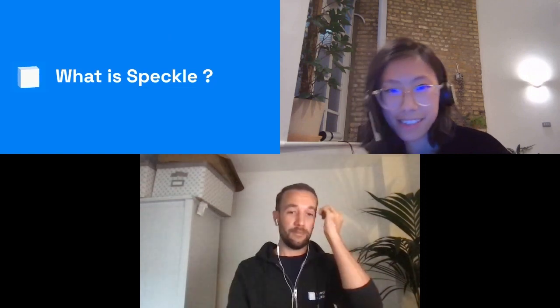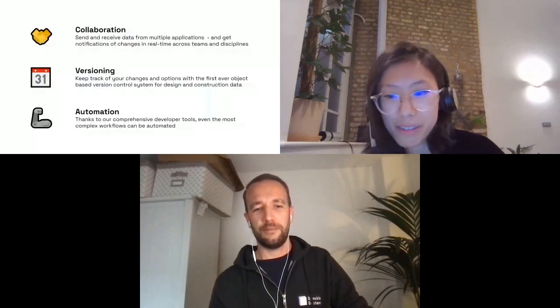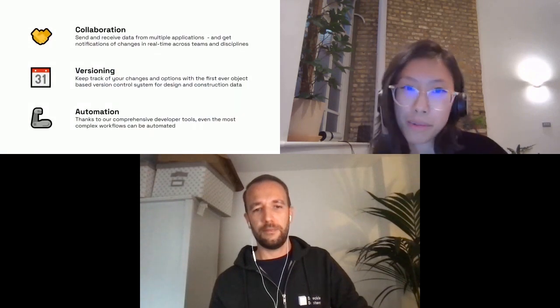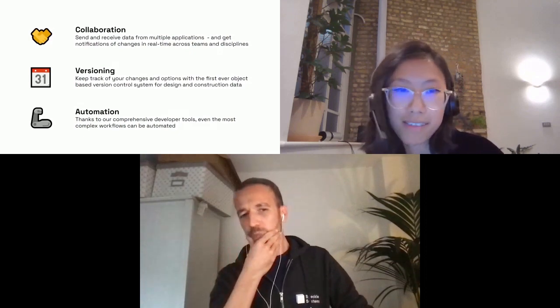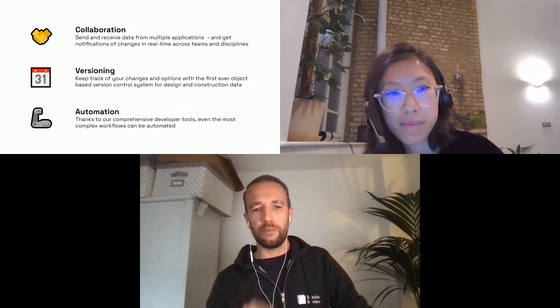As a recap for anyone that might have missed the intro to this conference, the big question that we've been asking for a while is, what is Speckle? We kind of think of it as a platform that offers three main features. The first is collaboration, sending and receiving your data from multiple applications and getting notifications of any updates or changes in real time.